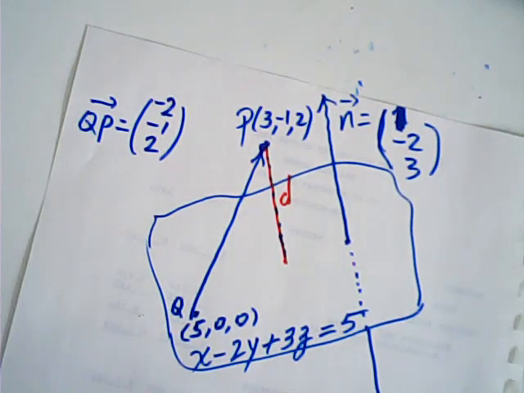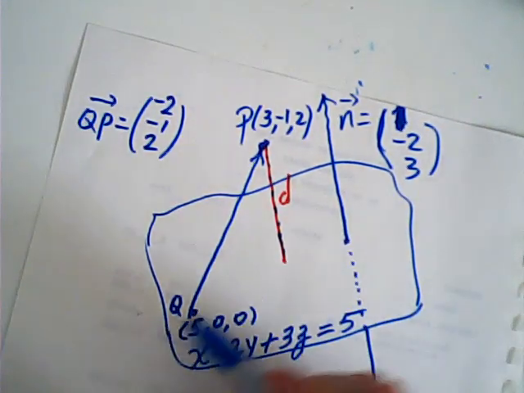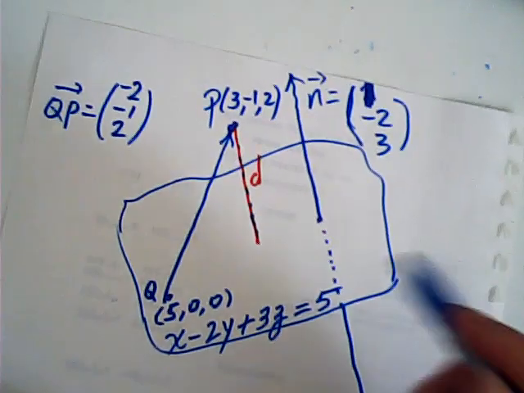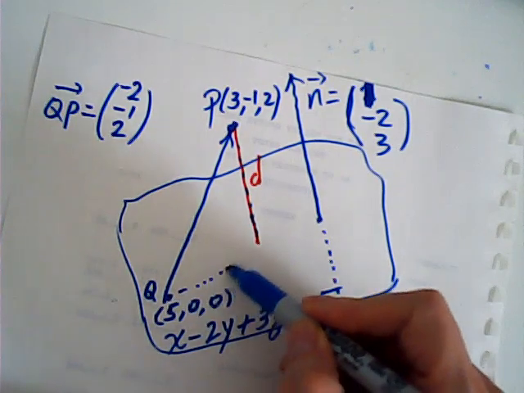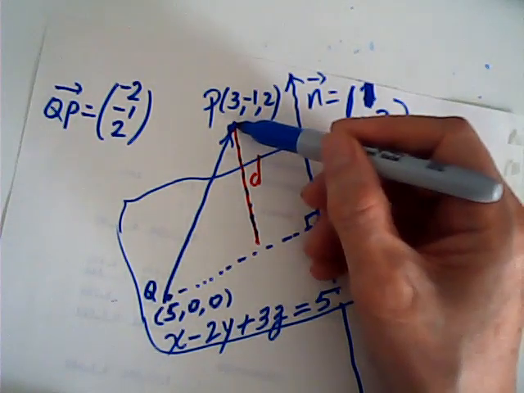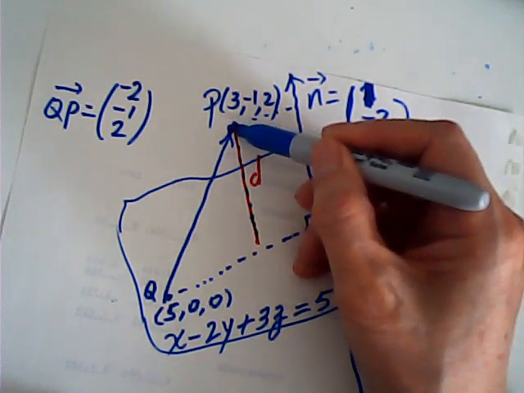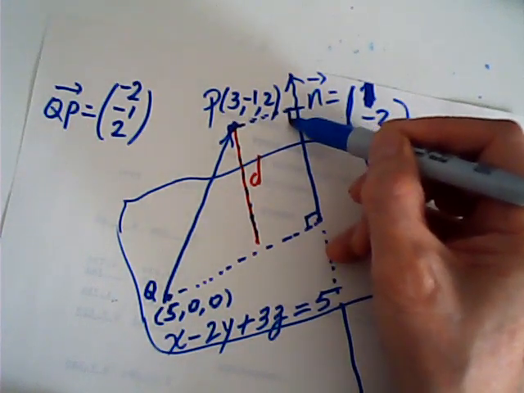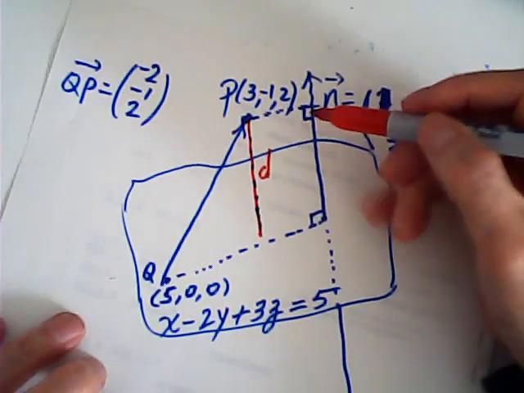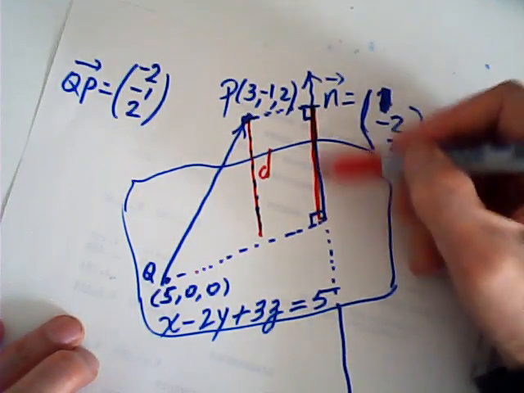And then we project this vector onto the normal vector of the plane. So that will be perpendicular, right? And this is our distance, you know.